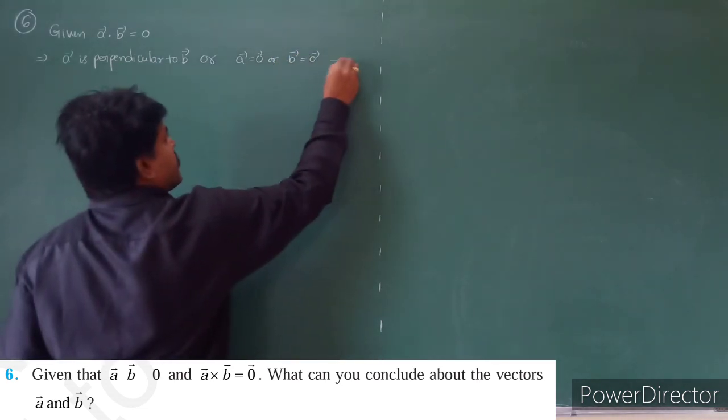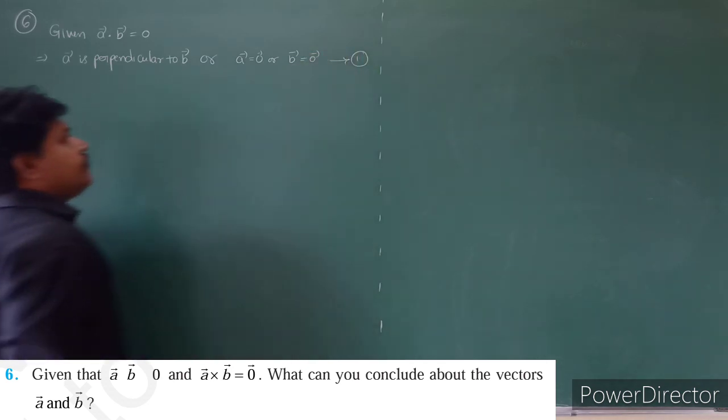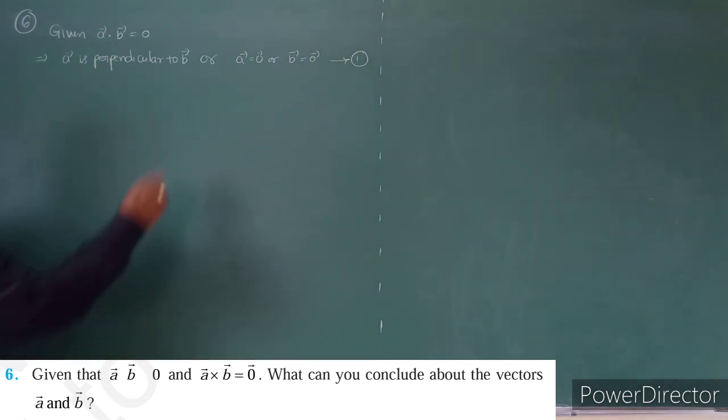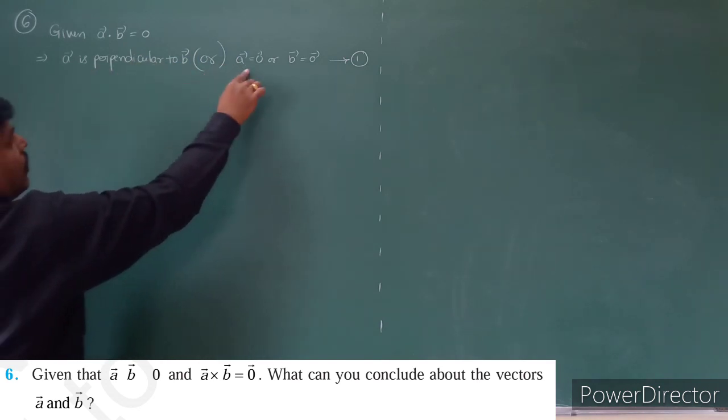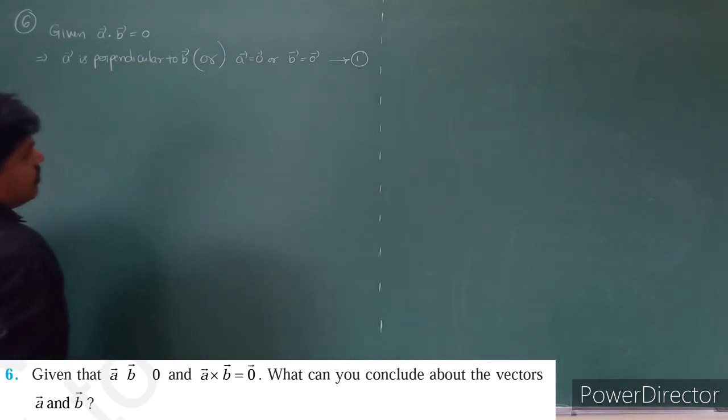So take this as equation number 1. A is perpendicular to B bar, or A equal to 0, or B is equal to 0.